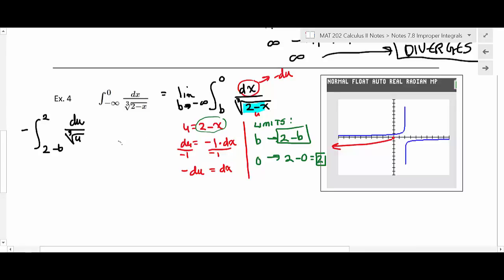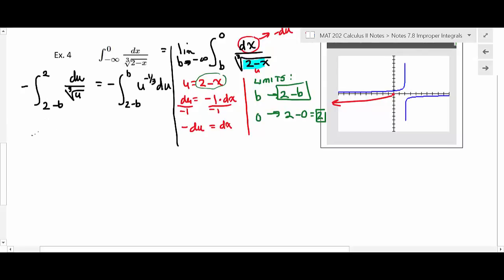Okay, so let's see, what do we have? We're going to write this as negative integral from 2 minus b to b. You can just do this all in your head, that's u to the 1/3, but then bring it to the top to be u to the negative 1/3 du. Okay, so everybody following along okay? Most of the work on these problems is integration, and most of the integrals are just going to be things you've learned in the past. So now let's go ahead and integrate that. We have the power rule.